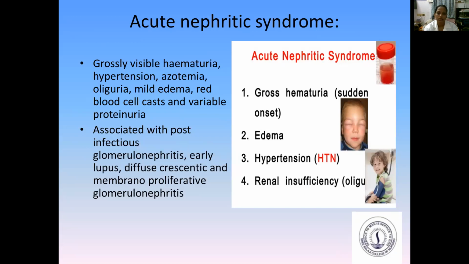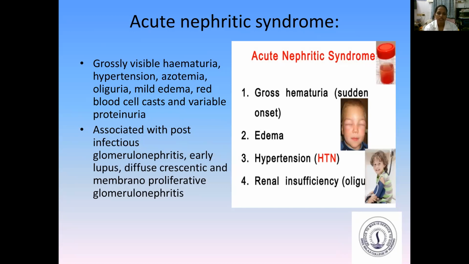So next is acute nephritic syndrome. In acute nephritic syndrome, there is a gross visible hematuria, hypertension, azotemia, oliguria, mild edema, red blood cell cast, and variable proteinuria.